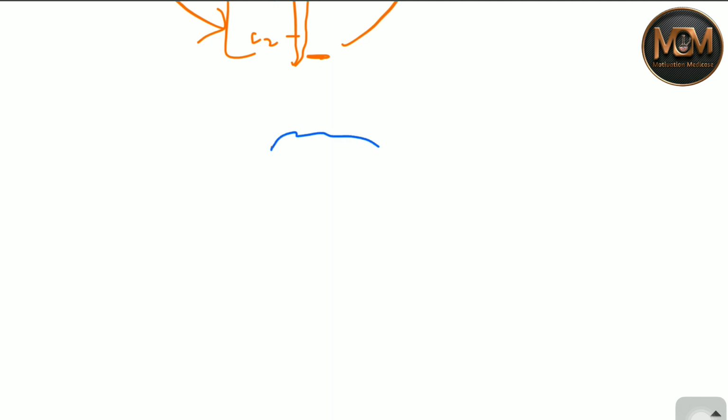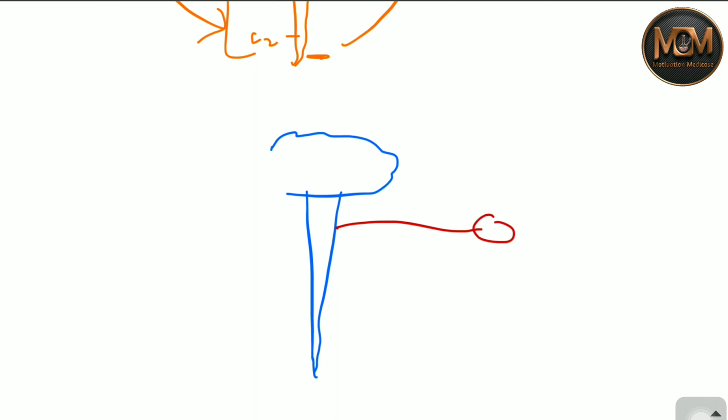Now, the next thing we need to know, I have to explain by a diagram. This is our brain, and suppose this is the brain stem. Now there are the neurons which go to the synapse and supply any organ. Similarly, I am explaining in this region also with a different color. What I am telling you about is the preganglionic and the postganglionic neurons.